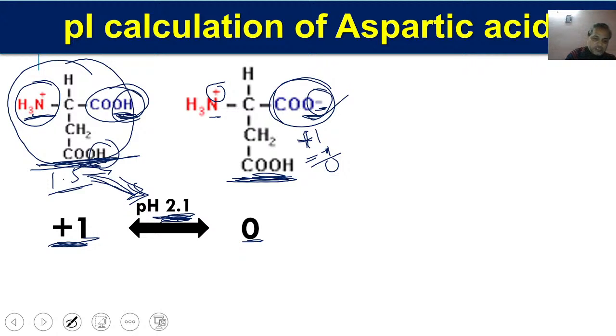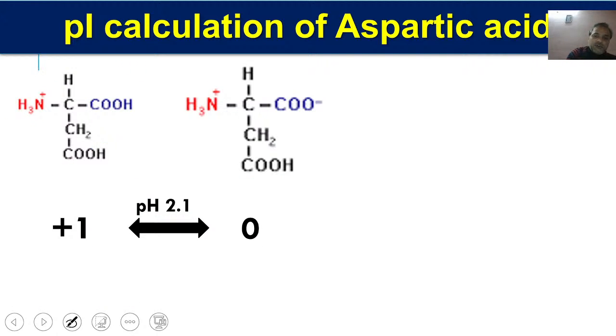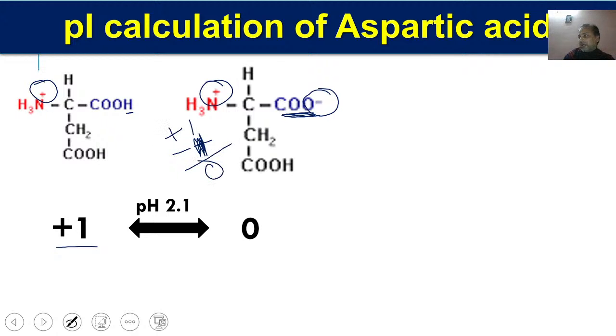If the H plus goes off, then COOH becomes COO minus. Here we had only one positive charge, and now we have one negative charge and one positive charge. So the overall charge is 0, and that I have written here.